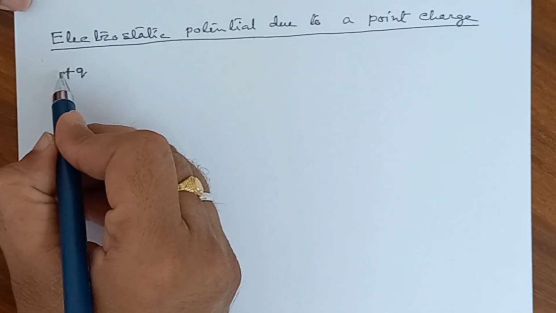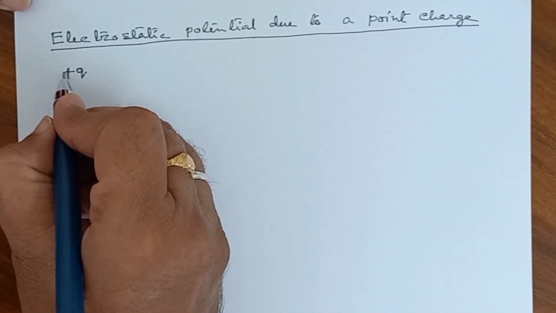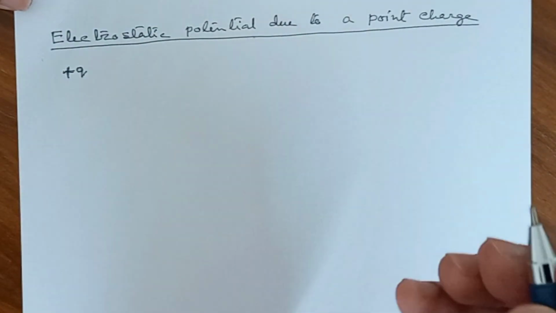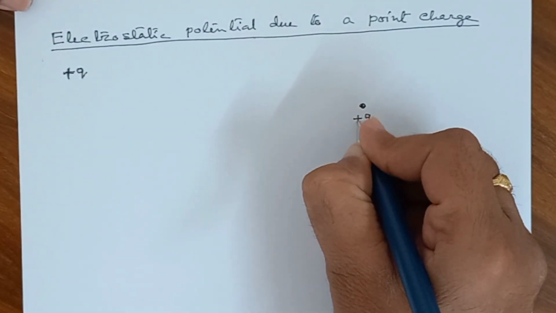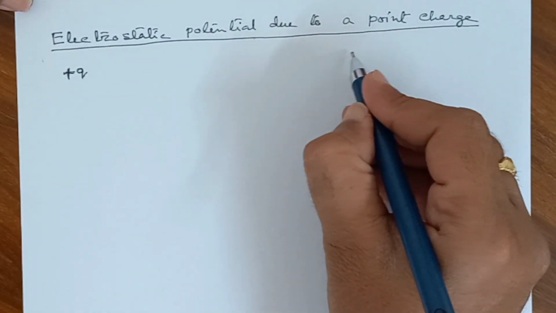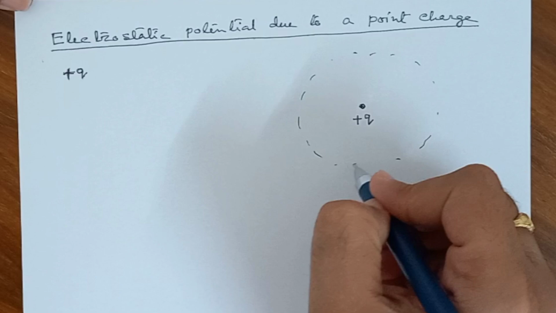Now, electrostatic potential due to a point charge. Let us consider a point charge +Q. Suppose the point charge is situated here and its electric field will be surrounding it.